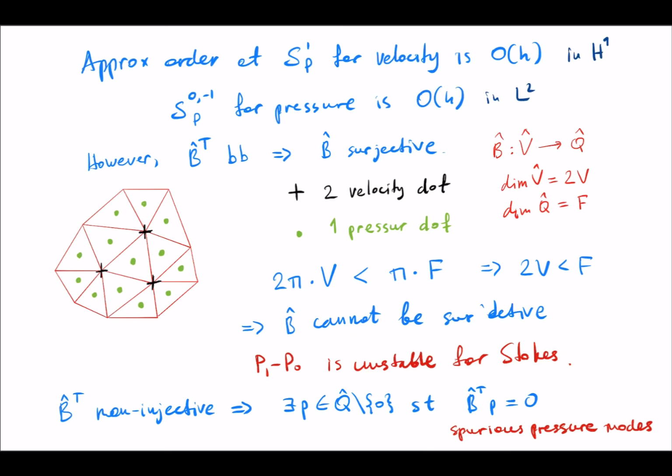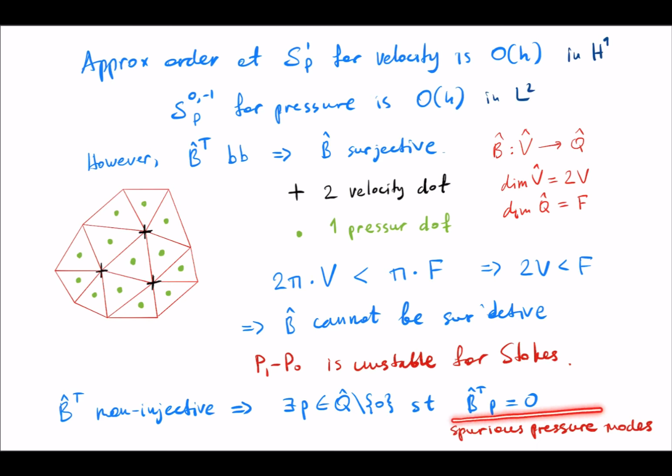You can also express it in terms of B hat transpose. B hat transpose enters in the first equation. If you remember, we get an equation like this: A hat U plus or minus B hat transpose P equal to some discretized version of F. Because B hat transpose is not injective, that would mean that the pressure is not going to be unique.